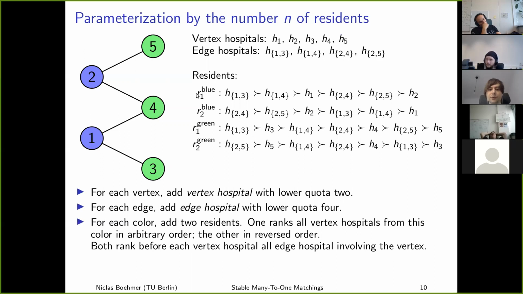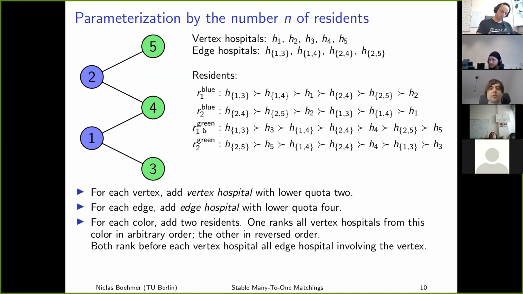For example, here the first blue resident ranks first H1, then H2. The second one ranks them in opposite order, so first H2, then H1. For the green color, the first resident ranks first H3, then H4, then H5, and the second one again in opposite order, first H5, then H4, then H3.